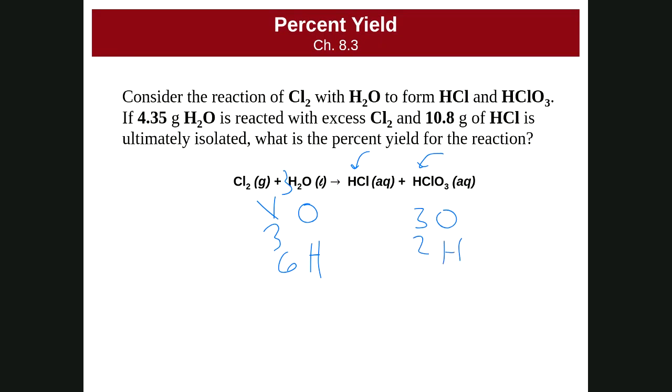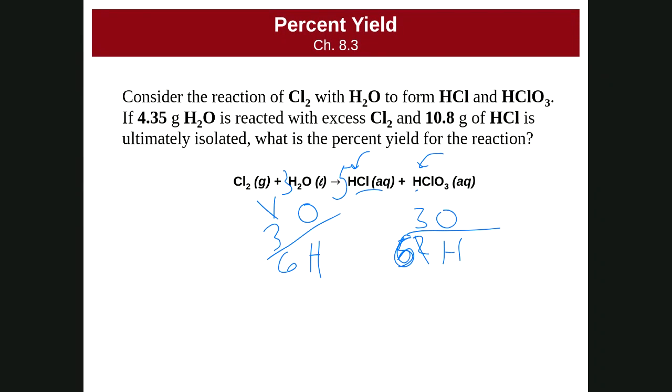We need to balance that. We don't want to change the water, because we already have our oxygens balanced. So let's change hydrochloric acid. We need to get 6 hydrogens. If we make this a 5, then we have 5 hydrogens from hydrochloric acid and 1 from our hydrogen chlorate, which gives us 6 total, which balances our hydrogens.